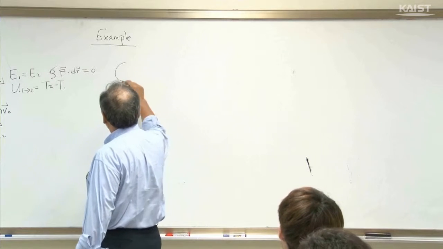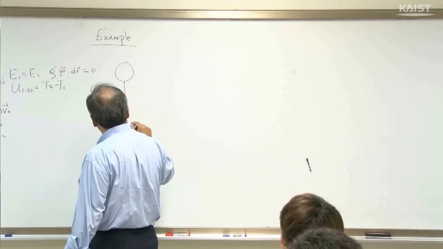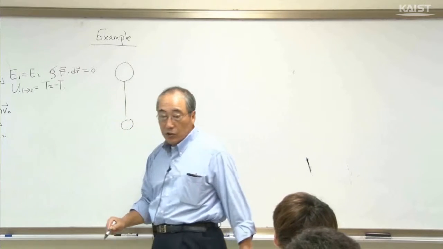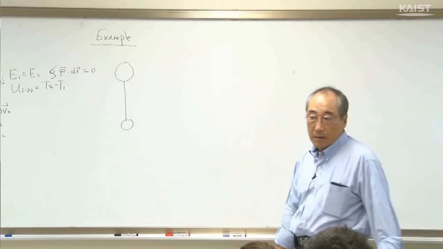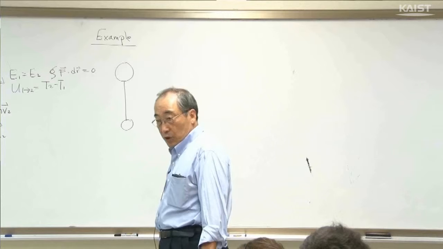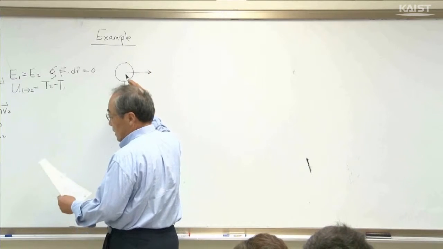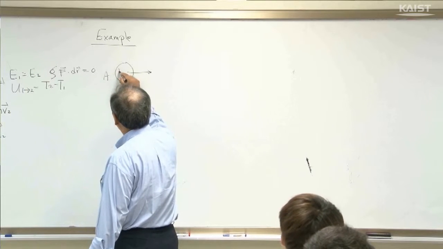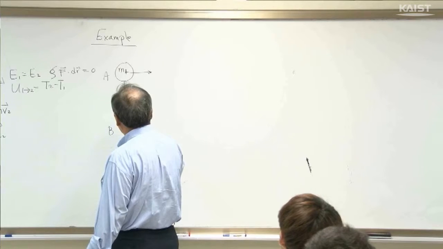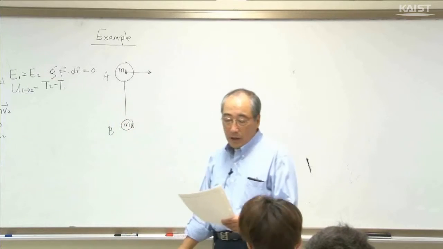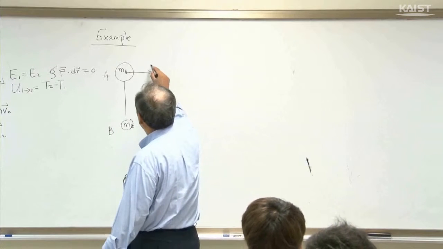So again, we have a ball that is attached to a massless bar, but it is rigid, very strange. Okay, this is A, and this one has mass ma, and this one has mass B, and this one was suddenly applied velocity v0.